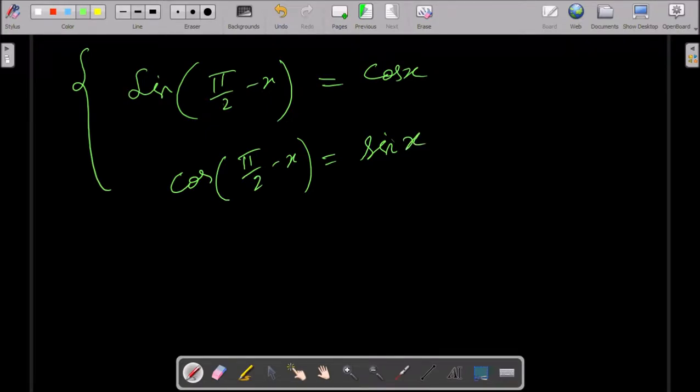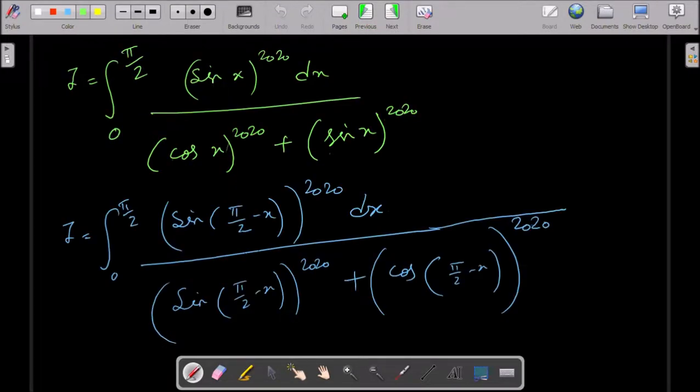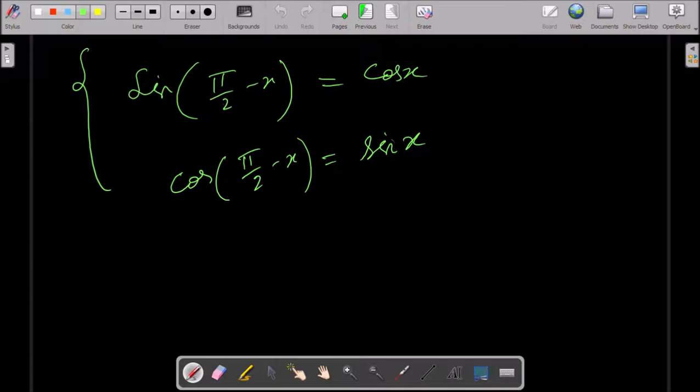So now we will solve our integration. Sine of pi by 2 minus x will be cos x directly, and cos of pi by 2 minus x will be sin x directly as per these trigonometric formulas.